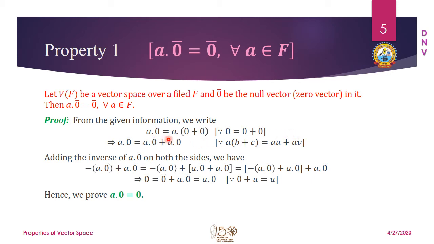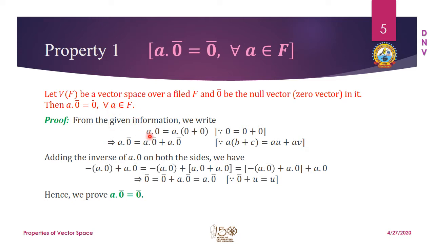We will be using the basic properties we studied in the first lecture on vector spaces, where we considered properties like commutativity, identity, inverse, etc. Whatever information is given in the problem statement: let V(F) be a vector space over a field F and 0 be the null vector or zero vector in it, then a dot zero vector is again the zero vector for all arbitrary a in F.